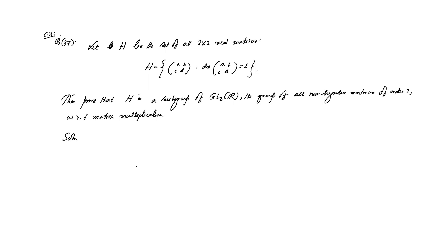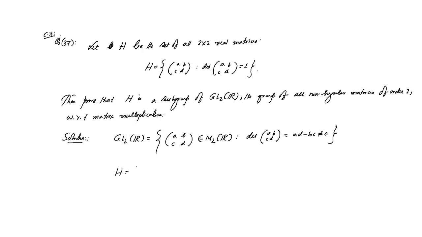So now we'll come to the solution. What do we know about GL2R? This is basically all the matrices A, B, C, D belonging to the set of all real matrices such that the determinant of A, B, C, D, which is AD minus BC, is non-zero.